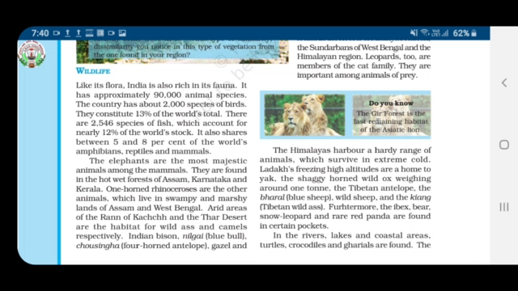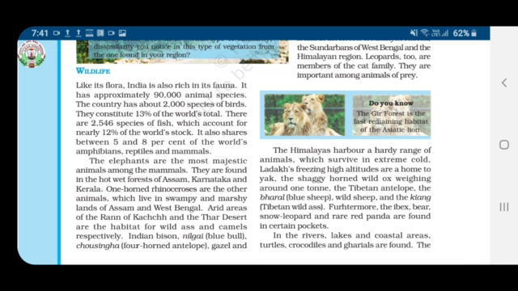Amphibians, you all know, are those animals which live on the water as well as on the land. The elephants are the most majestic animals among the mammals. They are found in the hot wet forests of Assam, Karnataka, and Kerala. Swampy and marshy lands of Assam and West Bengal are the best living places for the one-horned rhinoceros.